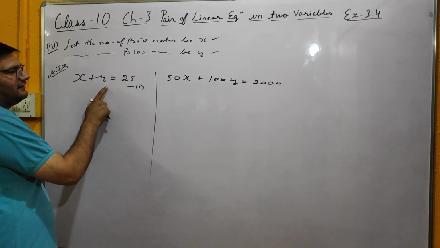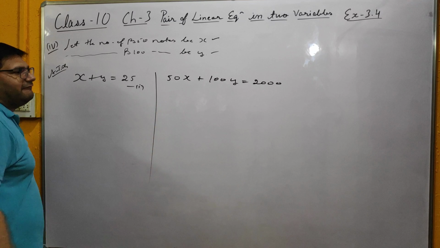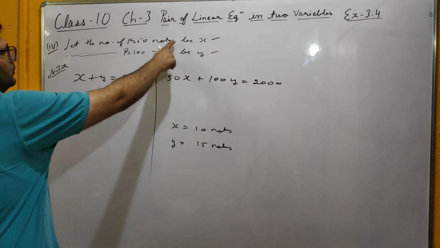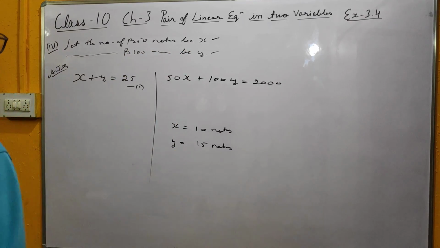And then just subtract, use the elimination method and find the values of x and y. And the answer will be 15 and 10. So rupees 50 notes are x, x will be 10, and rupees 100 notes are y, y will be 15 notes.